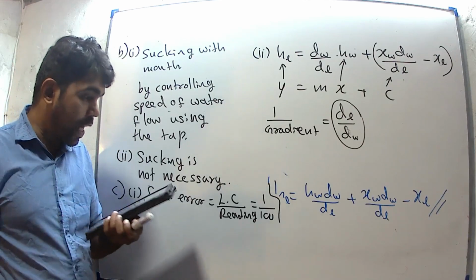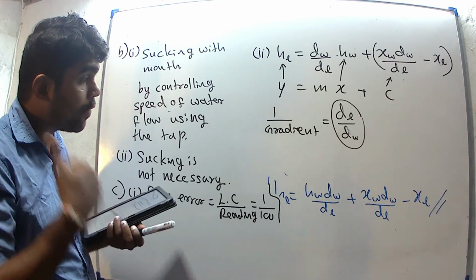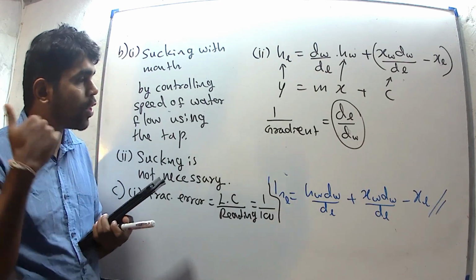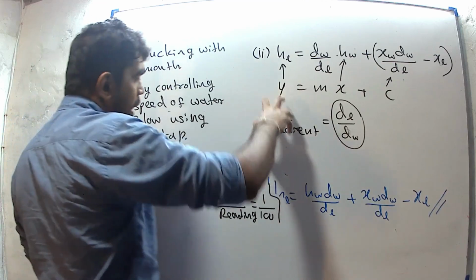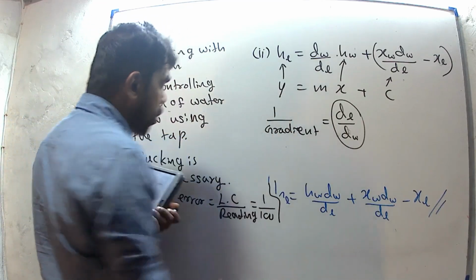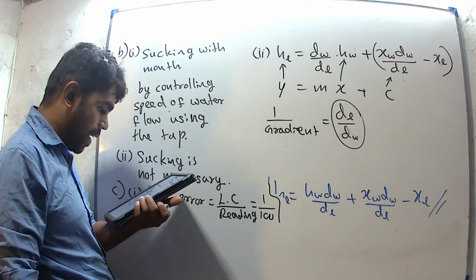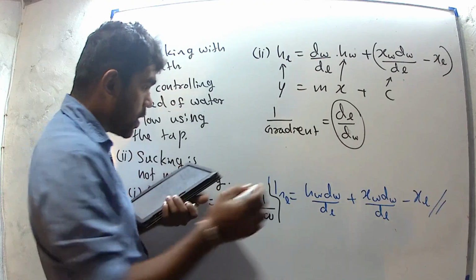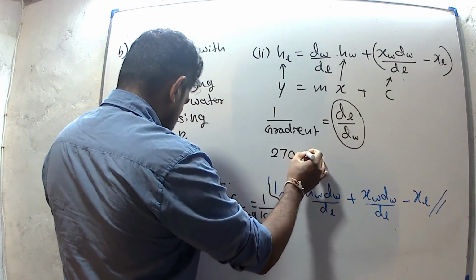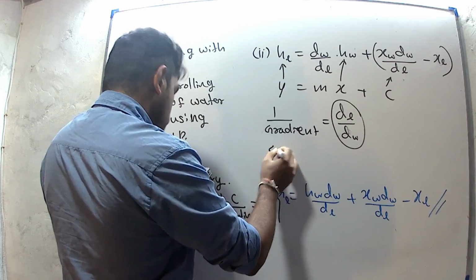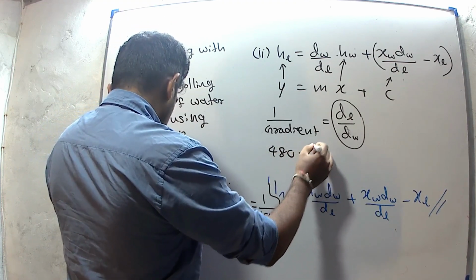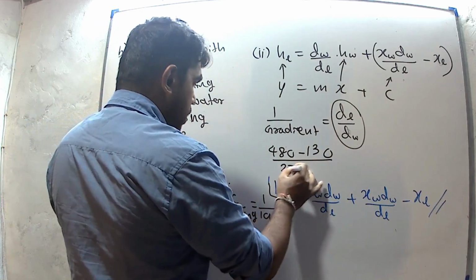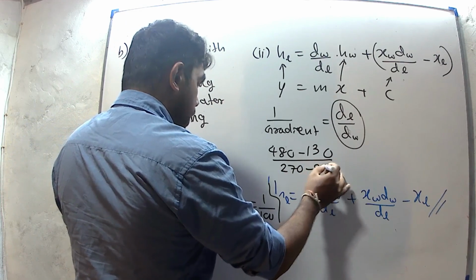Getting the gradient, we take the ratio between the difference of y values and the difference of x values. But for 1 over gradient, we write the difference of x values divided by the difference of y values. For the given 2 points, (480 minus 130) divided by (270 minus 80).